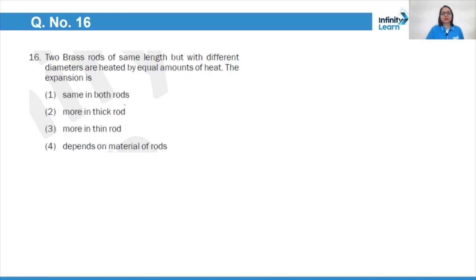Question number 16. Two brass rods of the same length, but different diameters, are heated by equal amounts of heat. The expansion is... So we have two brass rods, one of smaller diameter and the other of larger diameter, something like this. So this is the thin rod and this is the thick rod.